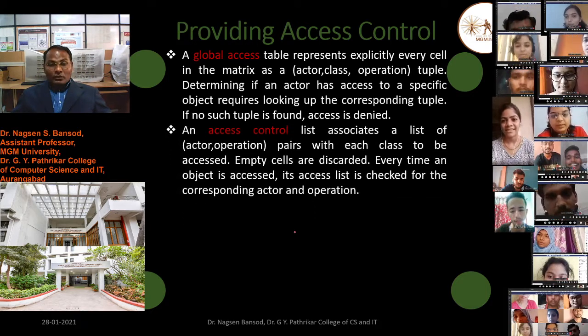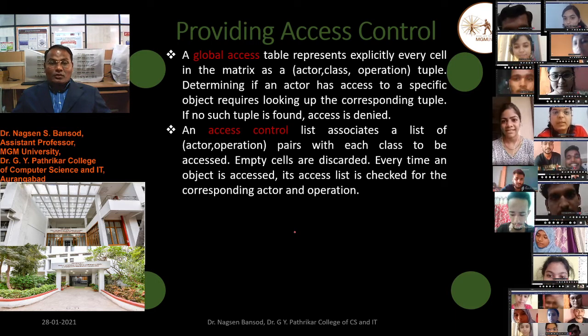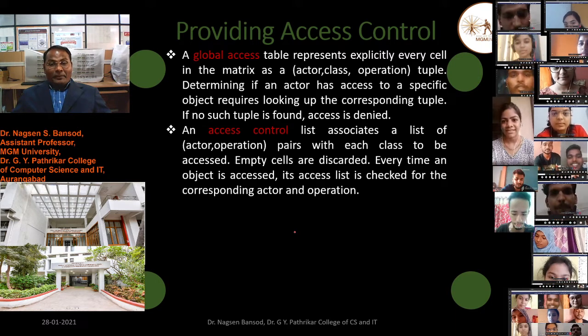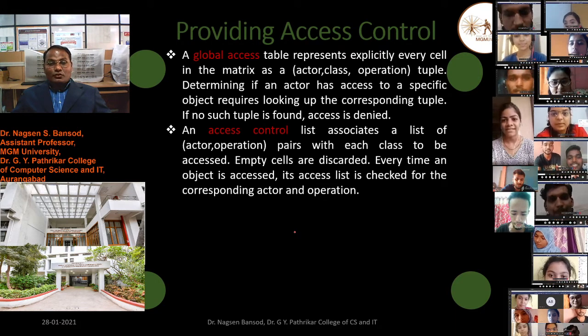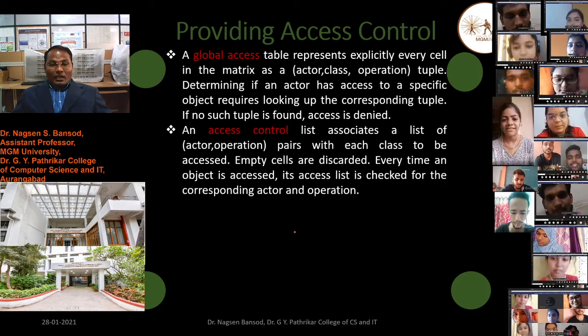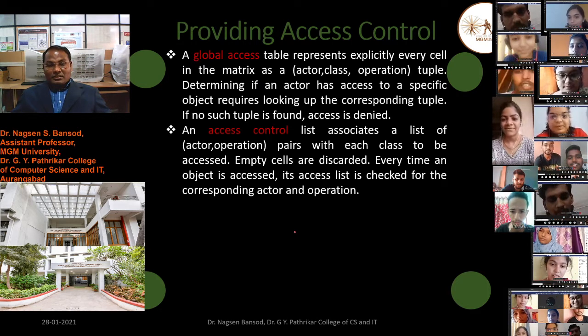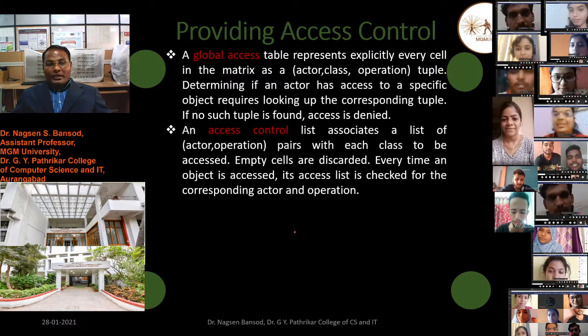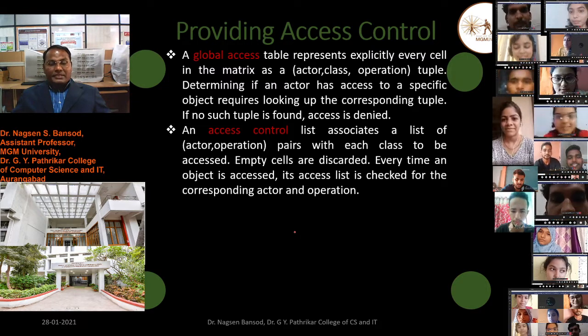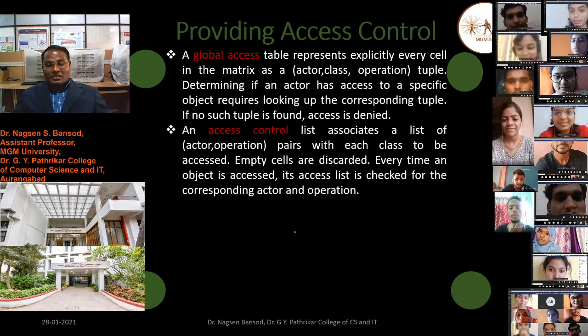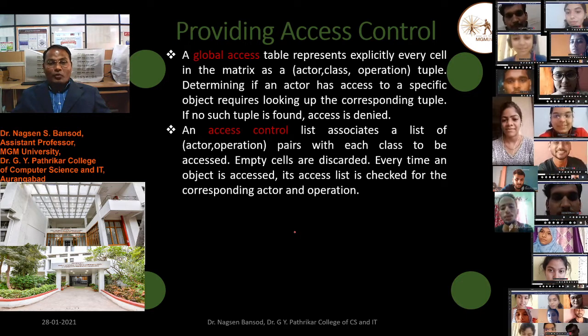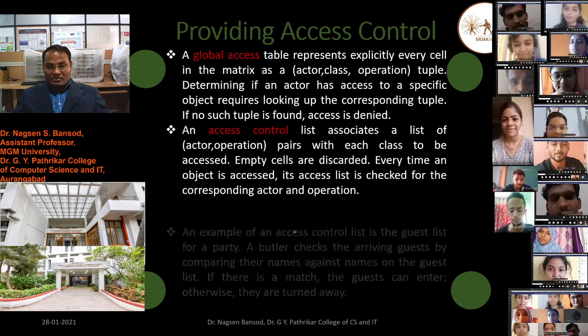An access control list associates a list of actor operation pairs with each class to be accessed. Empty cells are discarded. Every time an object is accessed, its access list is checked for a corresponding actor and operation.